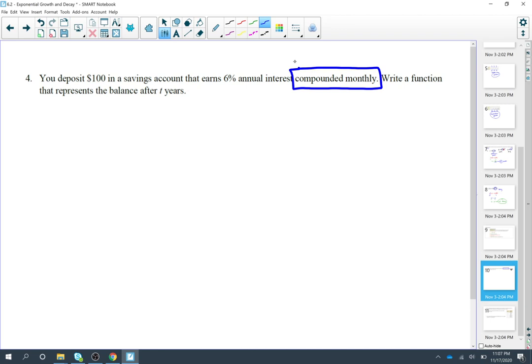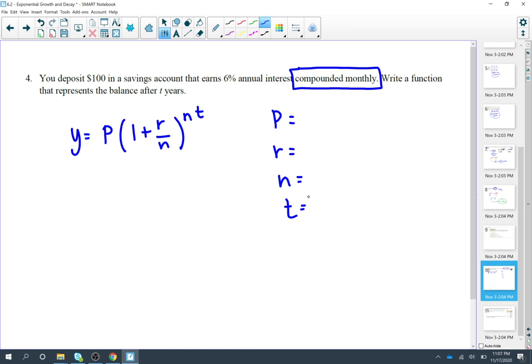So what this is going to look like, we have y equals p times 1 plus r over n to the nt. Now we're going to need a p, an r, an n, and a t. Now t, because it says the balance after t years, is just going to be t because we don't know, that's our variable.